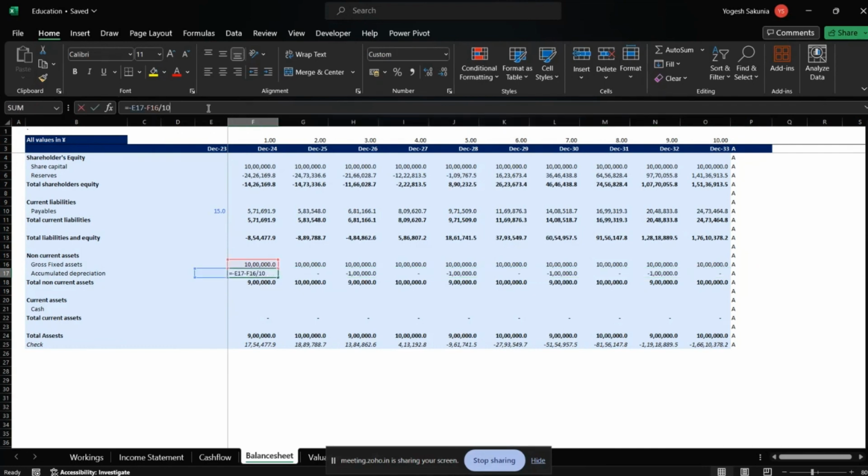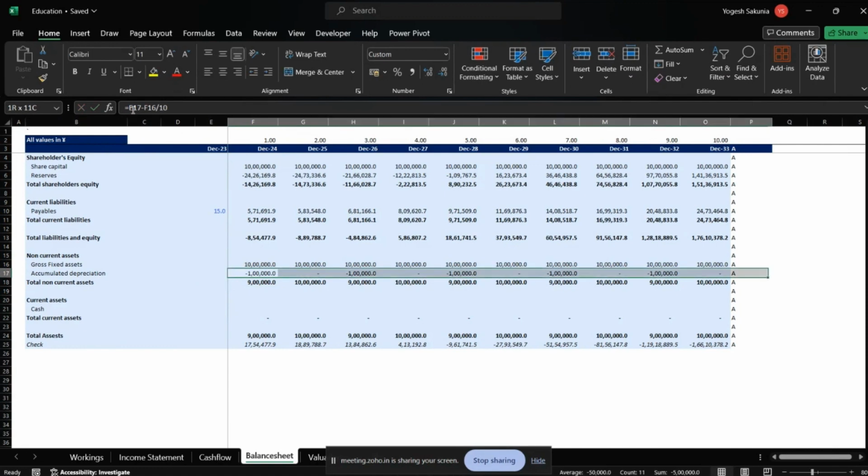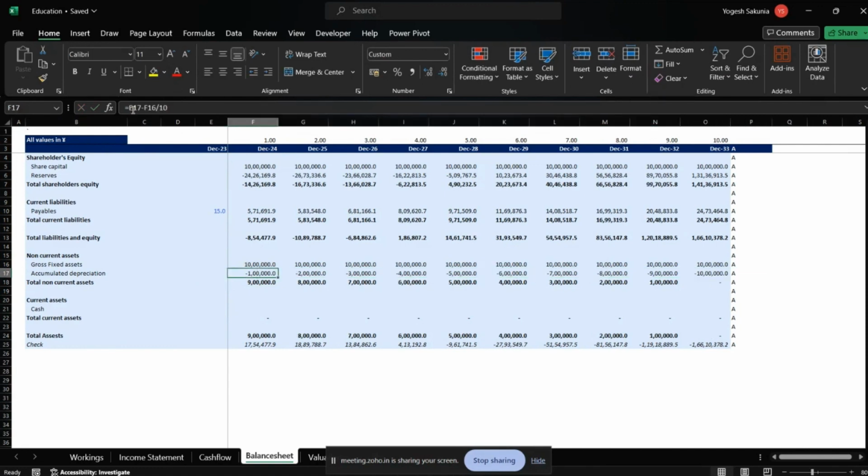Okay, this is already a negative number. So that is the accumulated depreciation.